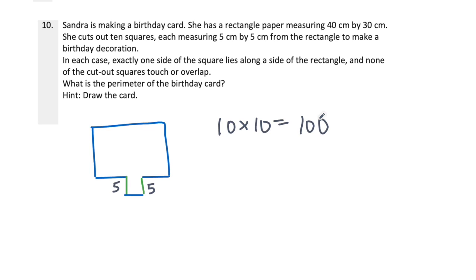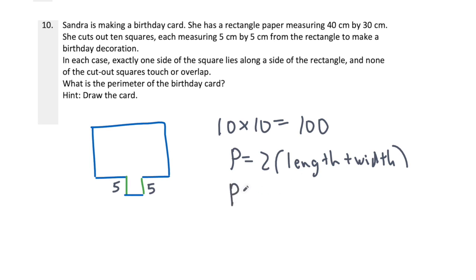Now we have to find the perimeter of the original rectangle. We know that the perimeter of a rectangle is equal to 2 times the length plus width. In this case, the length is 40 centimeters and the width is 30 centimeters.